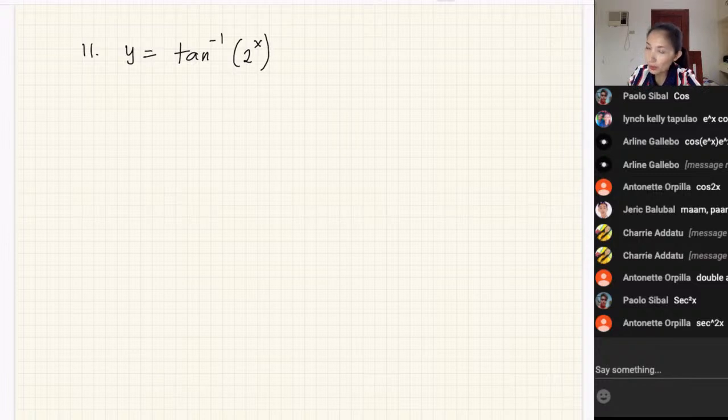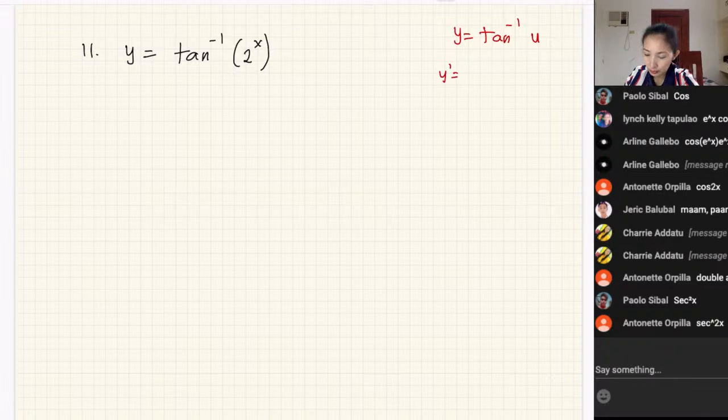Now recall from the rules for differentiating inverse trigonometric functions that if your function takes the form arctan of u, then y prime is equal to, what did we say about the derivative of arctan?